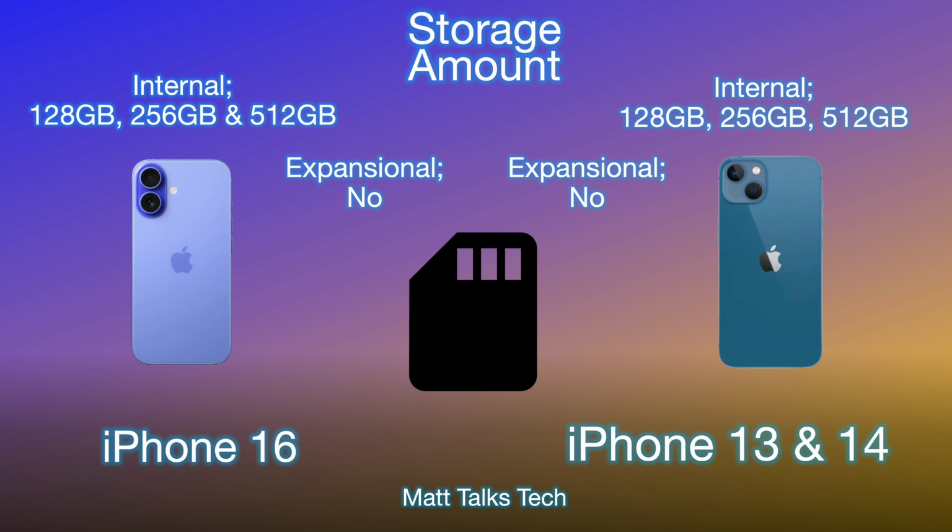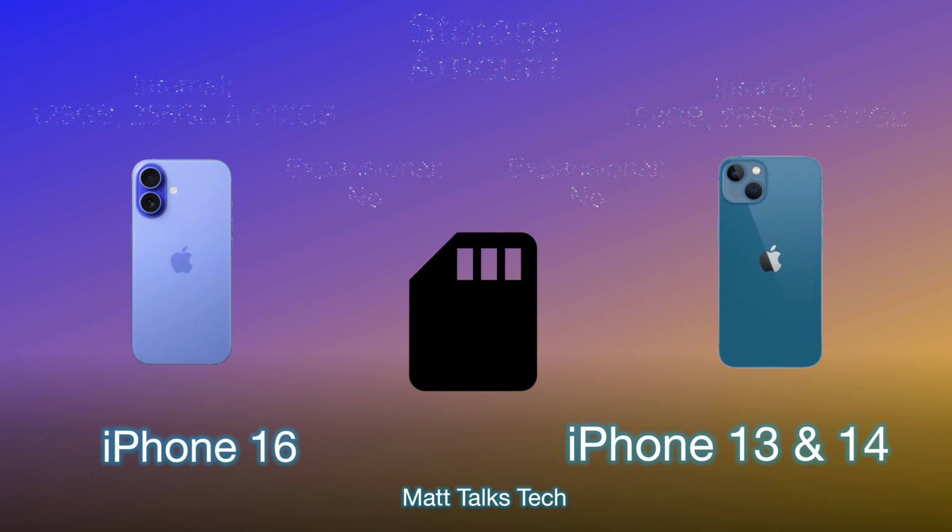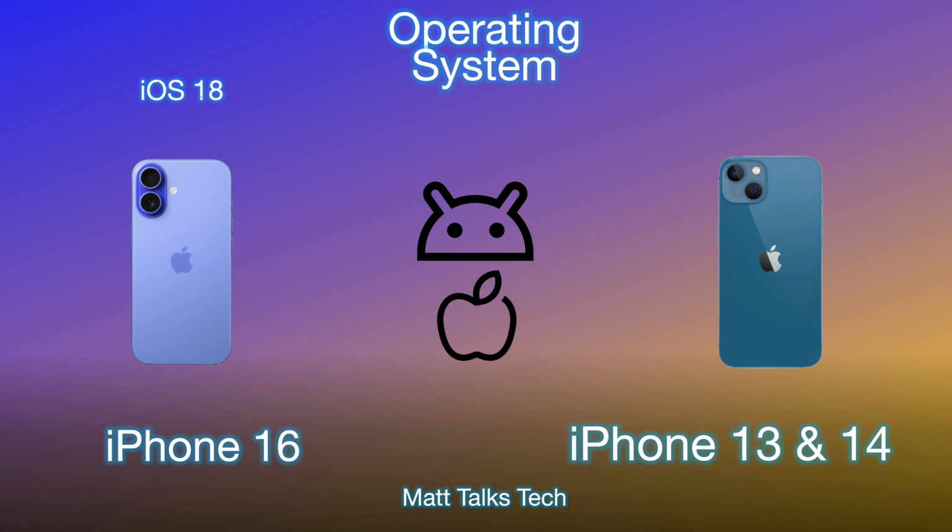Obviously there isn't any expandable storage because it's an iPhone, but even if you plugged in a USB to Lightning cable, you're only going to get speeds of 480 megabits. And even if you had USB-C to USB-C on the iPhone 16, it's the same speed. It's USB 2.0 there, so that's really disappointing to see from Apple. For operating system, both of these run iOS 18.